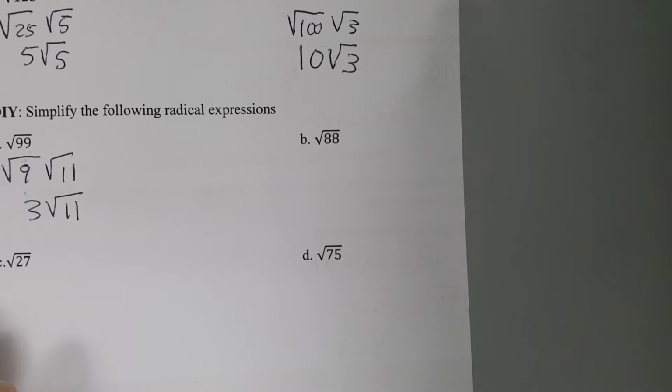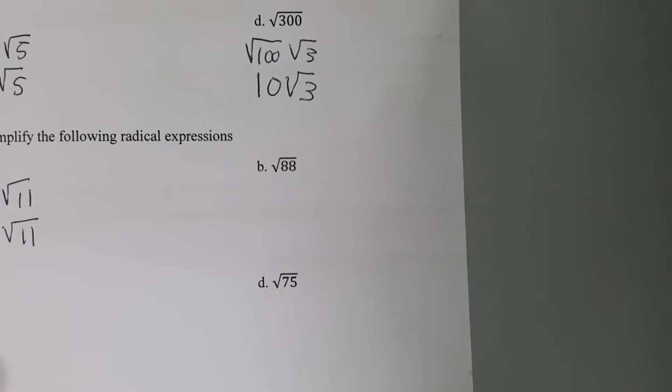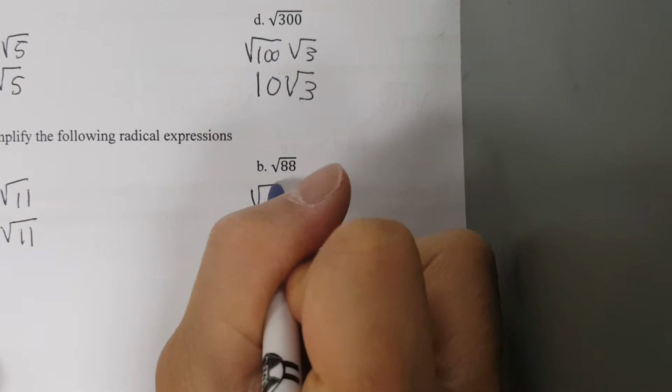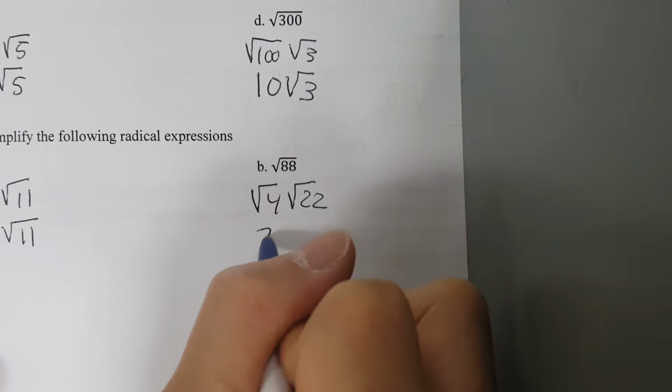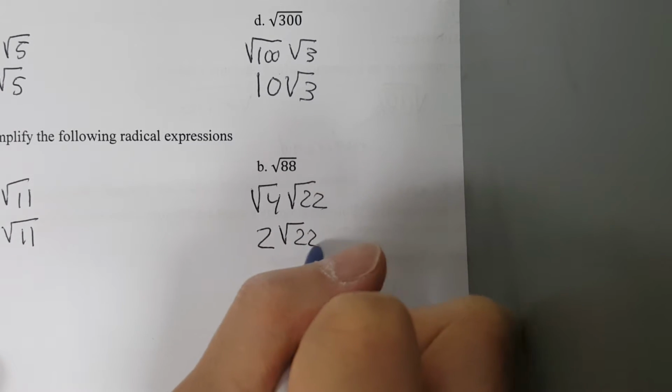And look at the numbers that are less than 44. 36 can't go into 88, 25 can't, 16 can't. So I think the only one that is able to go in is 4. So this is radical 4, radical 22. And so the answer here should be 2 radical 22.